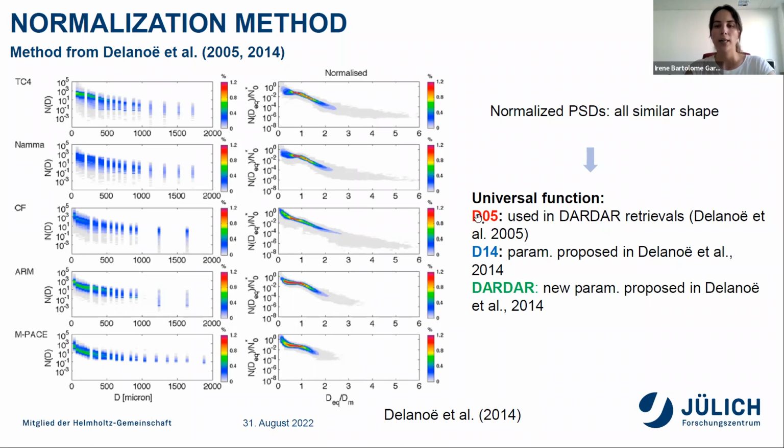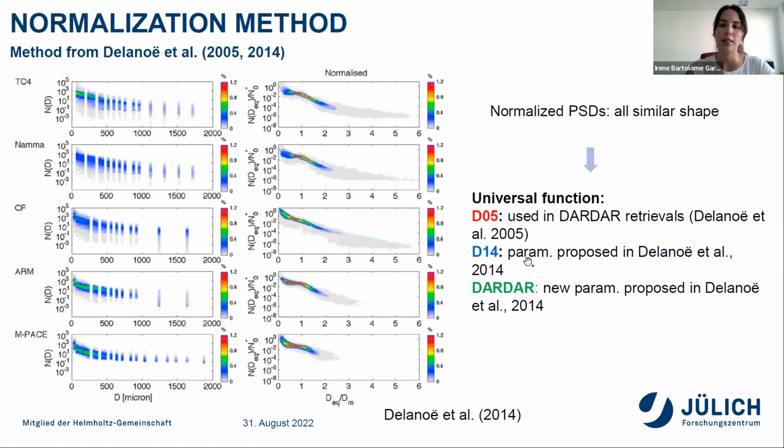The one that I already introduced, the D05, is the one that is currently used in the DARDAR retrieval, and also the one used for the estimation of number concentration bias of Bali in 2018.